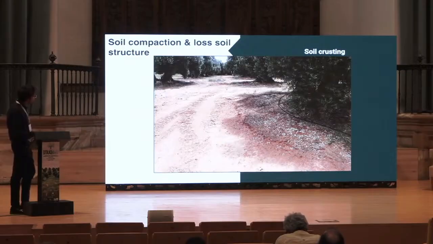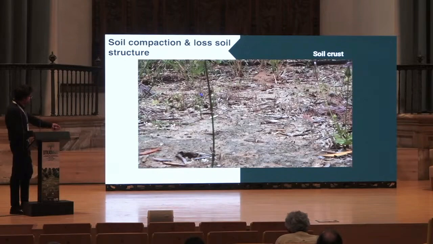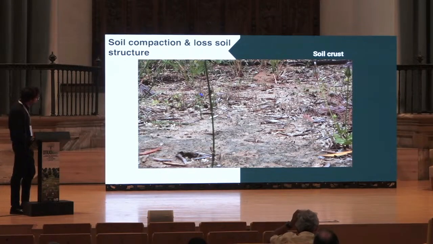In this case, it is topsoil compaction, surface compaction, such as soil crusting. This is the soil crust that, as Professor Artemi Cerdà explained, occurs by the impact of the raindrop on the bare soil.